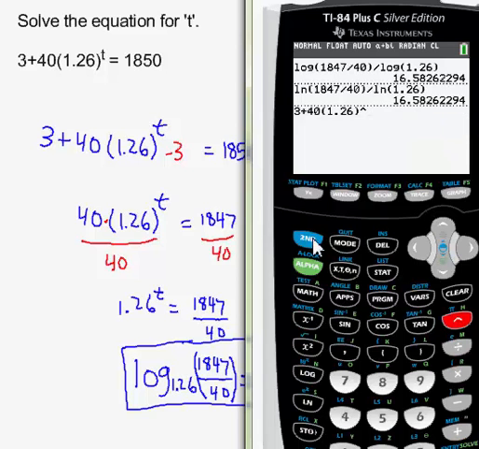Press the second key, then press the negative key to get A and S to show up on your screen. It's going to plug the last answer in to that exponent now, and when I press enter, notice I get exactly 1,850, meaning my solution to the equation is correct.